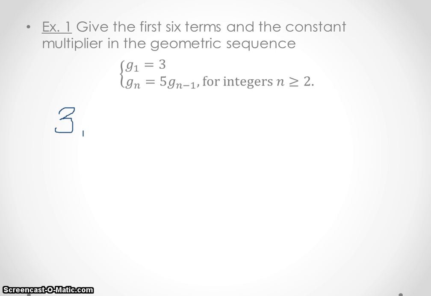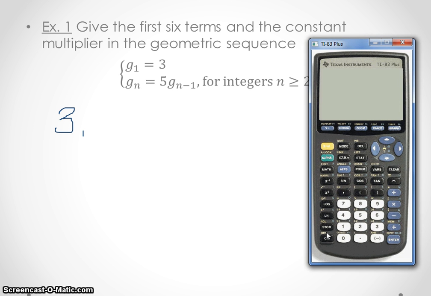Now we can do this easily here using our calculator. If you remember this way I used to show you, you always initiate the first term, so you just hit 3 and hit enter, and then you say, okay, well, what are we doing here? We're doing 5 times the term before it, so 5 times the answer from before, so second answer down here. Oh, I keep doing that, my goodness. Second answer, there we go. So you just take your answer, you're pulling it from the one above it.